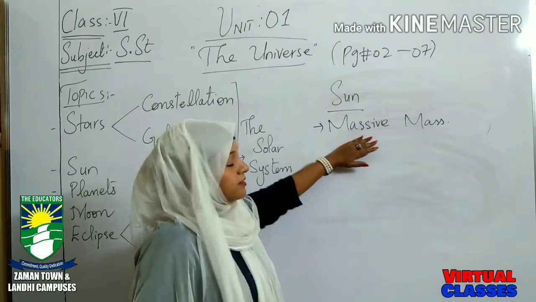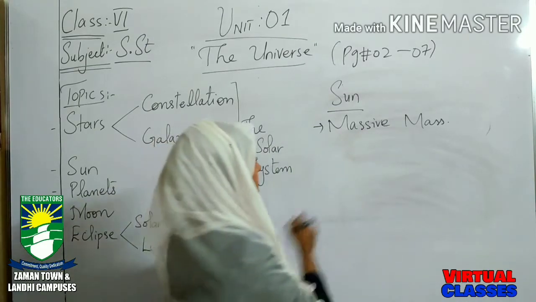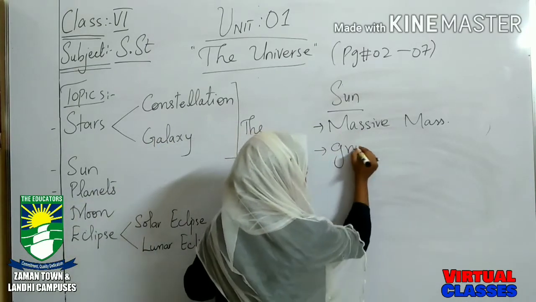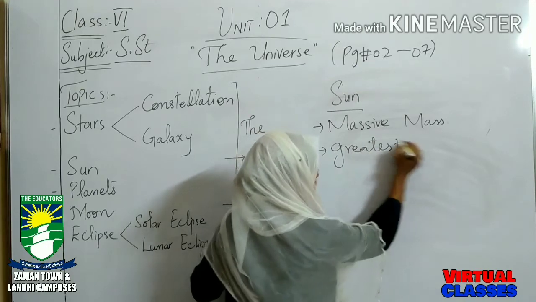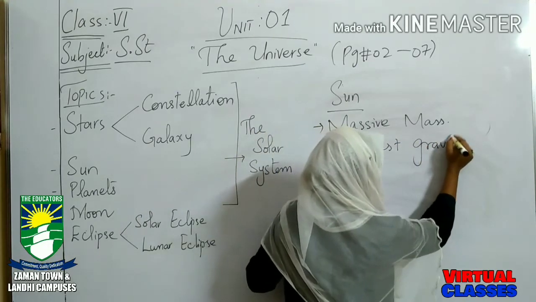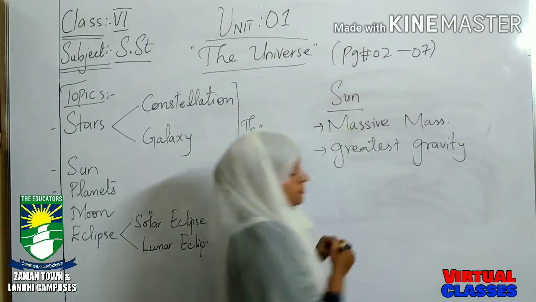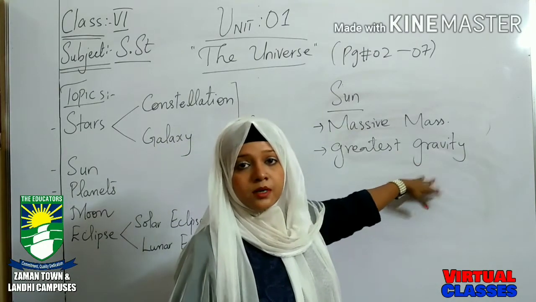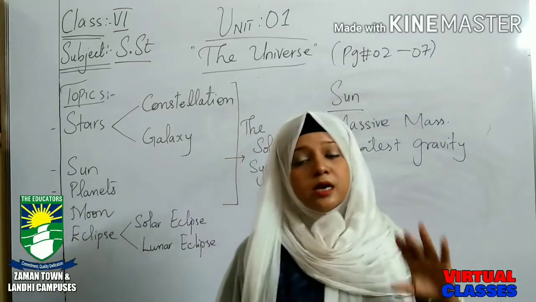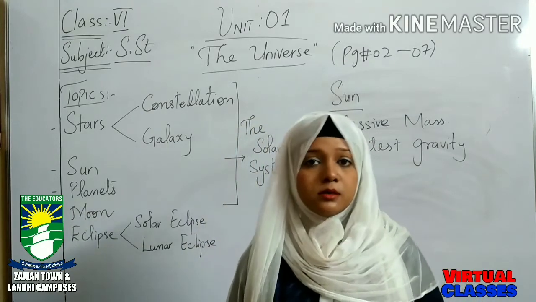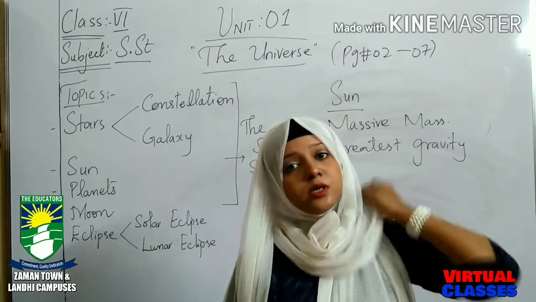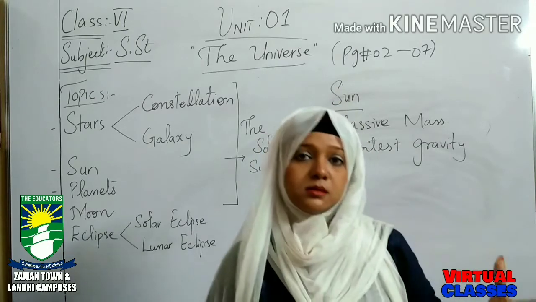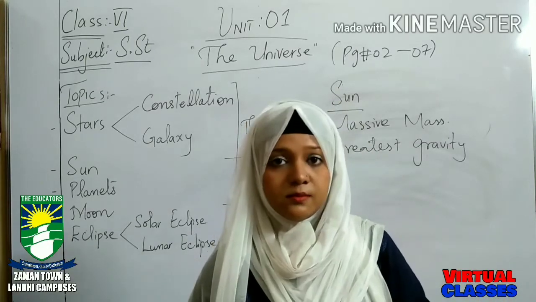So being the massive mass, it has the greatest gravity. Now what is gravity? Gravity is the force that pulls objects together. So any body having some mass exerts gravity.